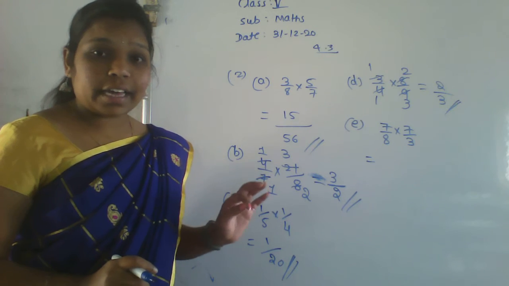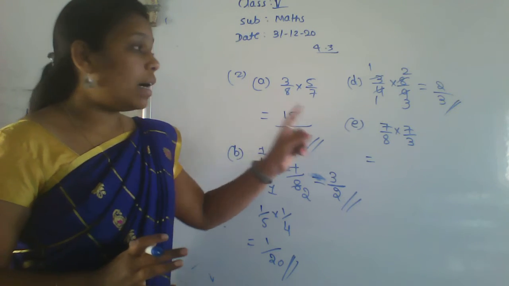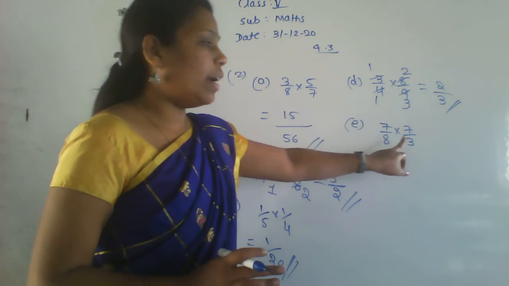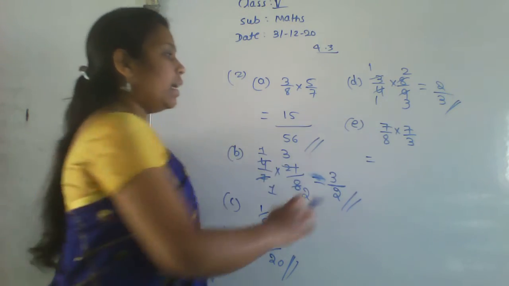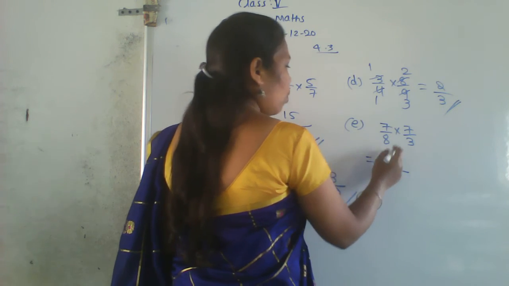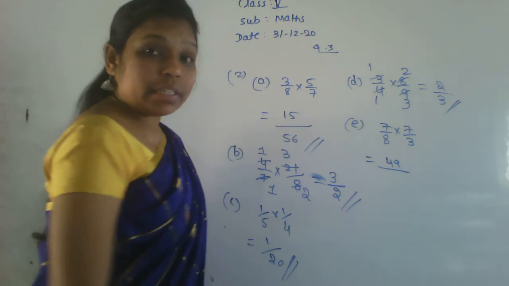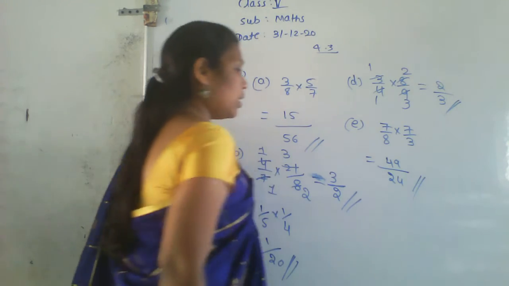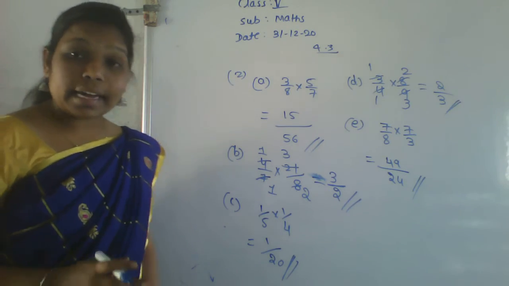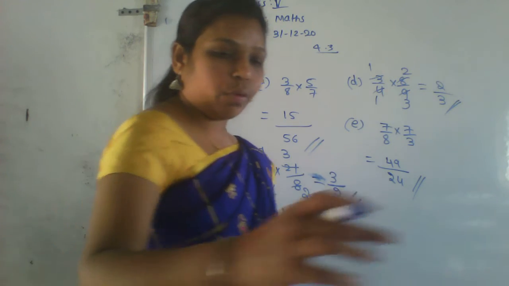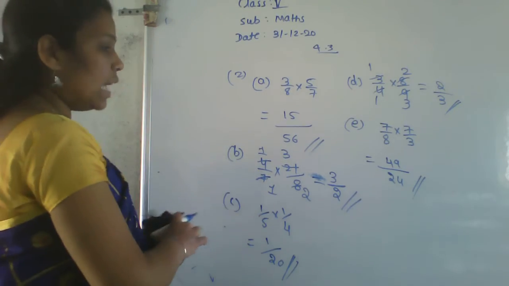We can't divide here. We just multiply the numerator and numerator, and after that denominator and denominator. Multiply here: 7 into 7 is 49. 8 into 3 is 24. So the answer we got is 49 by 24.